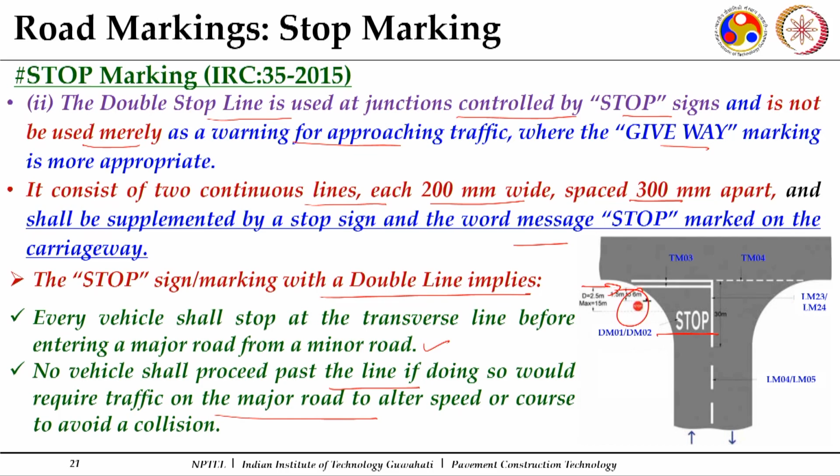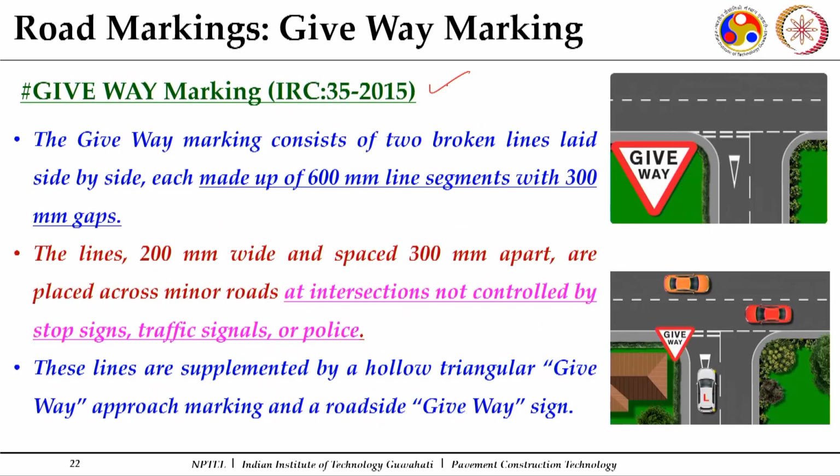They can only enter when it does not lead to any disruption to the through major road traffic. So this is when we have these double stop lines, these transverse lines, provided. Then the other transverse one can be a give way line.